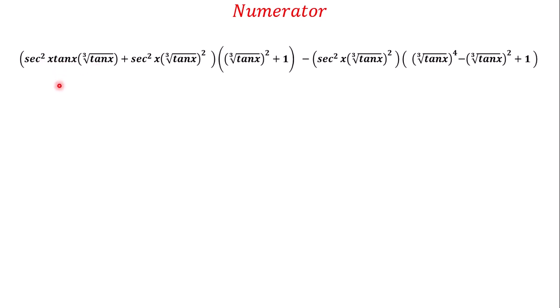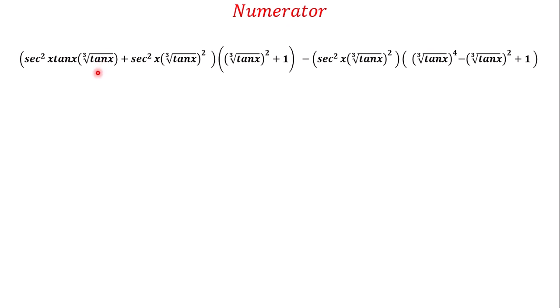Okay, so this times this one will give us what? Cube root of tangent x raised to the power 3, and that will cancel out the cube root sign. When it cancels out, you get tangent, and we already have another tangent here. So tangent times tangent will give us tangent x squared.